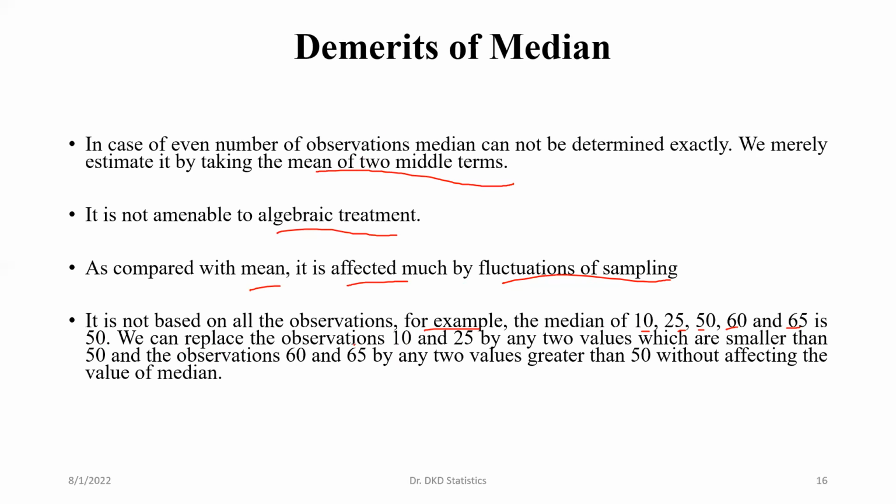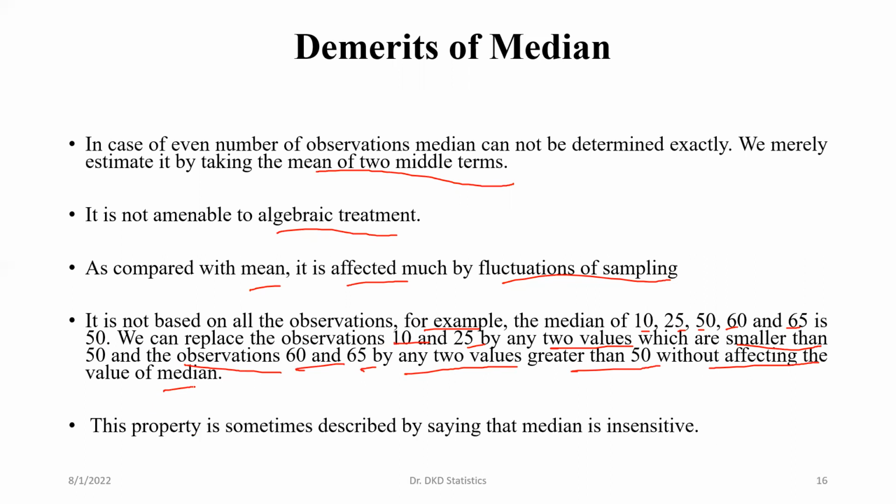We can replace the observations 10 and 25 by any two values smaller than 50, and 60 and 65 by any two values greater than 50, without affecting the value of the median. This property is sometimes described by saying the median is insensitive.